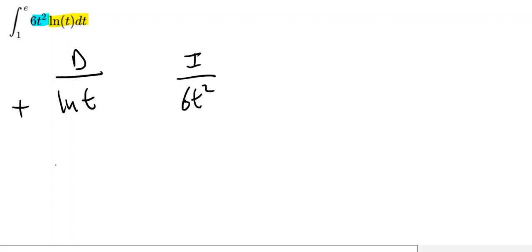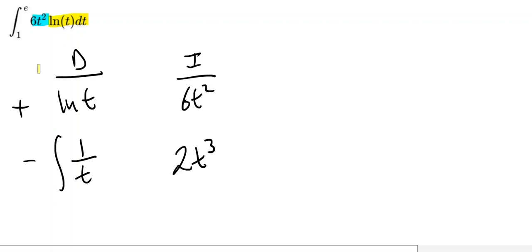So under the D column, we have the log of t, and under the I column, we will have 6t squared. Plus goes out here. Well, the derivative of log of t is 1 over t, and we put minus the integral of, and then 6t squared, finding the antiderivative would be 6t cubed over 3, which is 2t cubed.